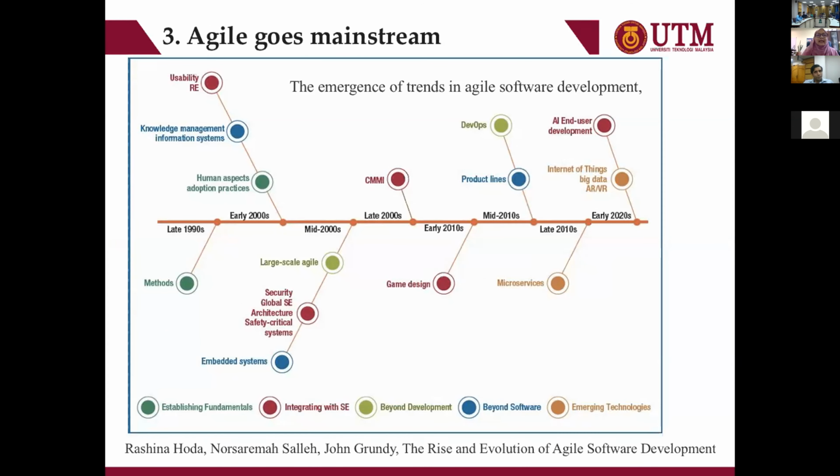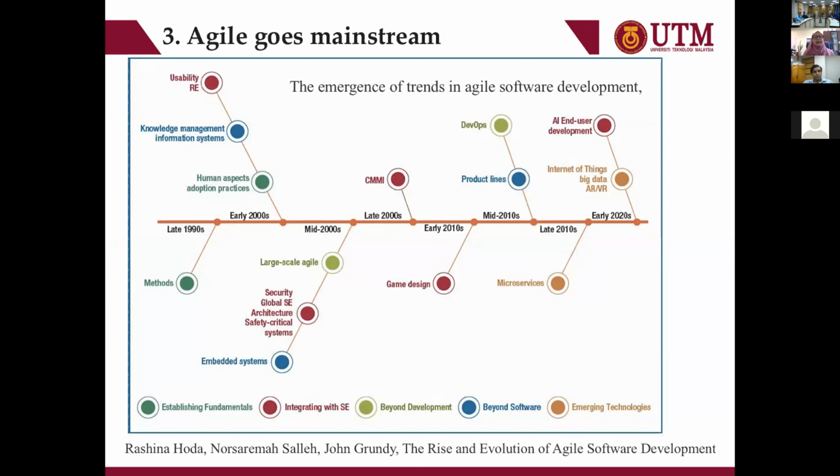This is one example of how Agile evolved, where in the late 90s, we started introducing a number of software reusability techniques and a few methods for software development, and in the mid 2000s, we started to look into security and global SE and more critical systems, embedded systems.